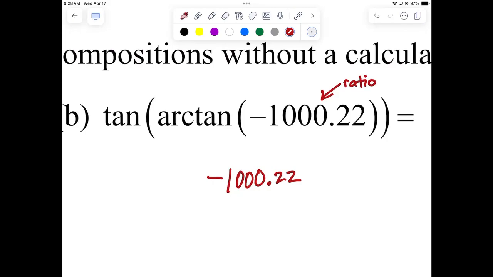And of course, because it's a real number, it's a legal ratio. And so the tangent of the arctangent will just undo each other. And because they're inverses, you got to be careful. We're going to be looking at compositions of mixed functions like sine of arctangent and cosine of arcsine. But if it's the same function's inverse, tangent of arctangent, it'll undo itself.